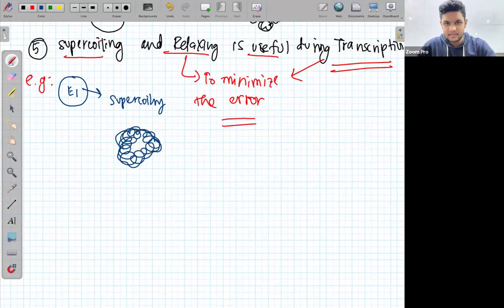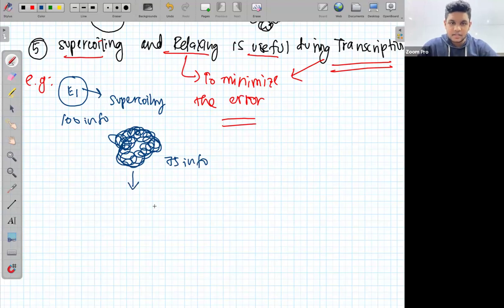Just think there are 100 pieces of information initially, and now only 75% remain. For protein synthesis, the protein that is produced might contain 25% loss in its information.